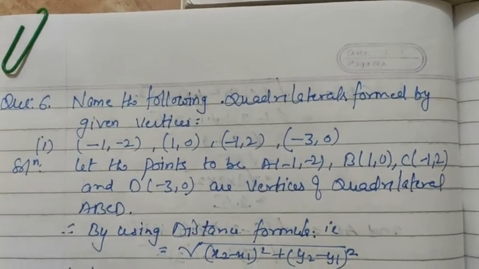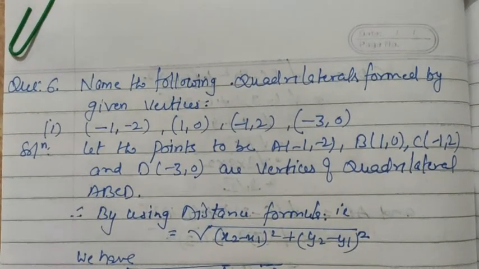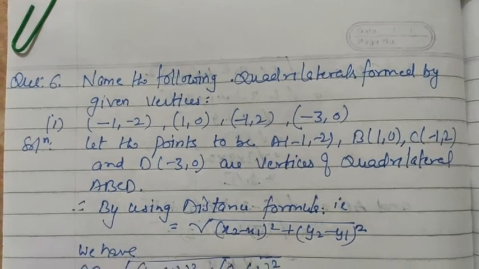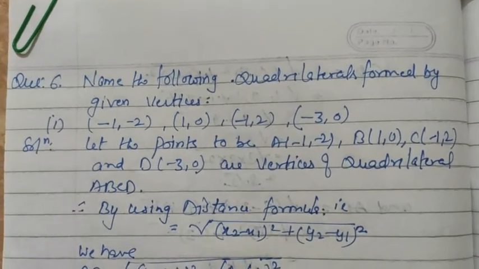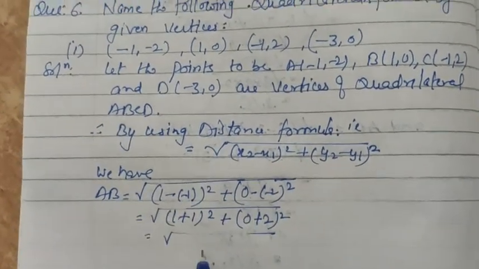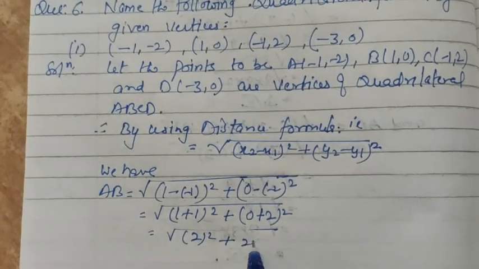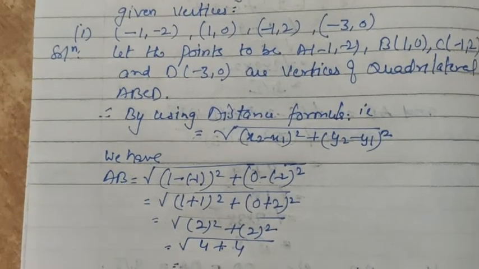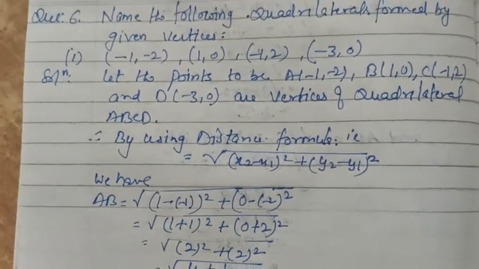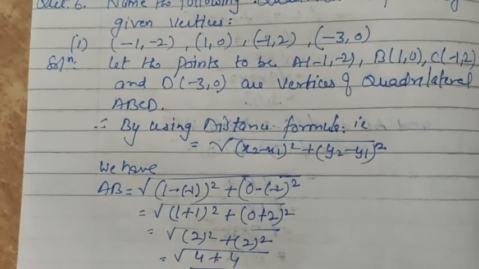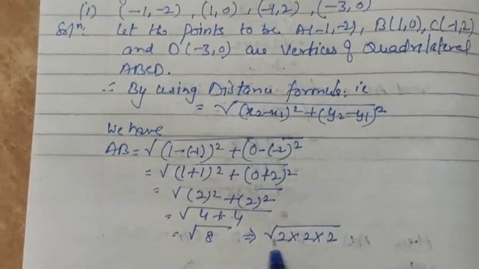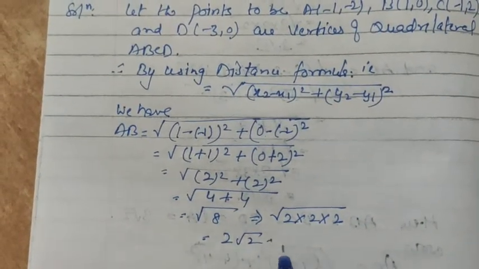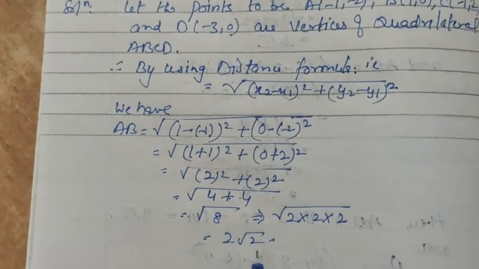So this will be (1 plus 1) square plus (0 plus 2) square. So 1 plus 1 becomes 2, so this will be 2 square plus 2 square, and this will be 4 plus 4, we can write it as 8, and this can be written as 2 into 2 into 2, so we can write it as 2 root 2. So AB we have as 2 root 2 units.